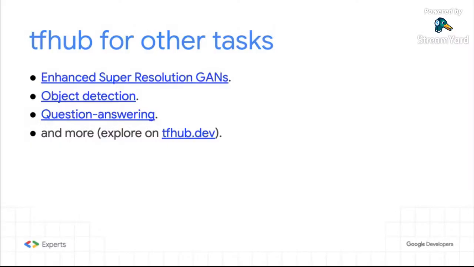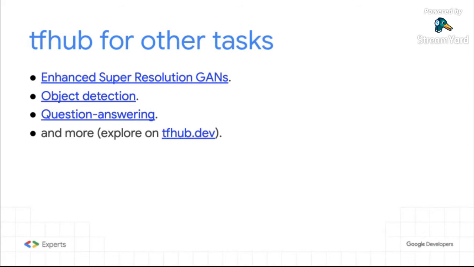TensorFlow Hub is widely known for its support for other tasks as well. Let's say you are interested in enhancing the resolution of your images, and then you would like to train an image classification model on those enhanced images. So feel free to try out the enhanced super resolution GAN model for that.